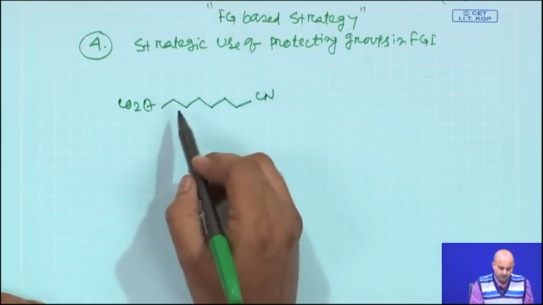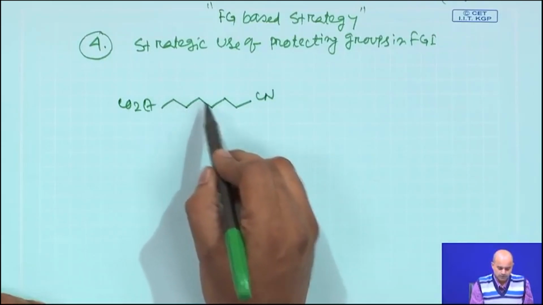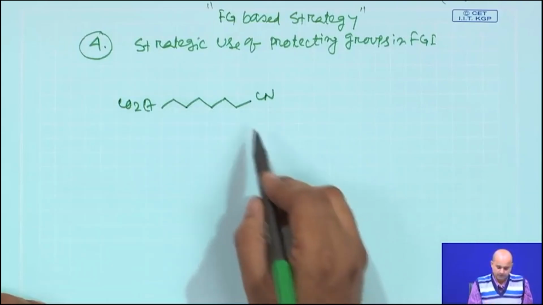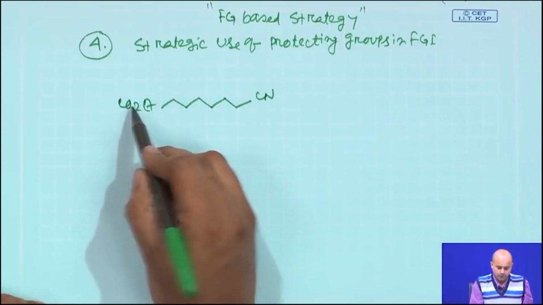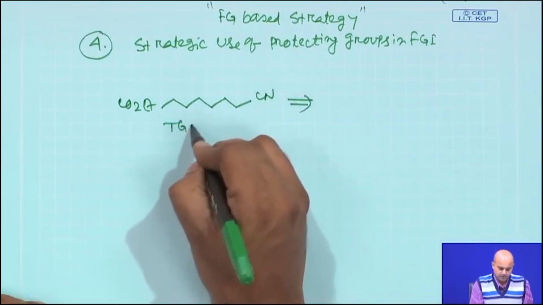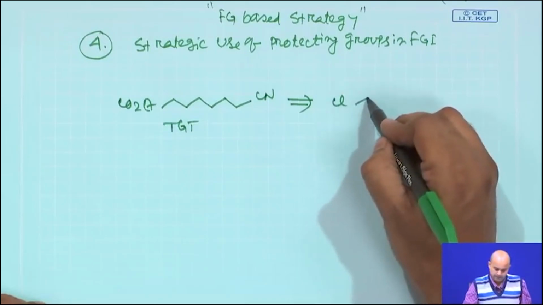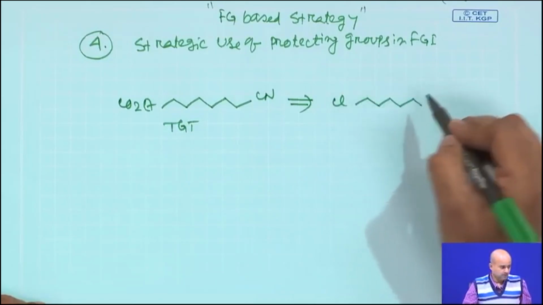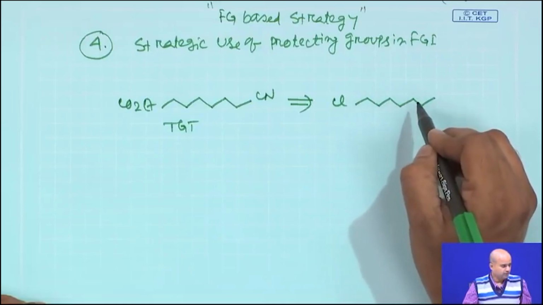efficient pathway. Say this particular compound has six CH2 or methylene groups, with one end having CO2Et and the other CN. This target molecule was given to you, and the starting material was something like this, 1, 2, 3, 4, 5, 6.